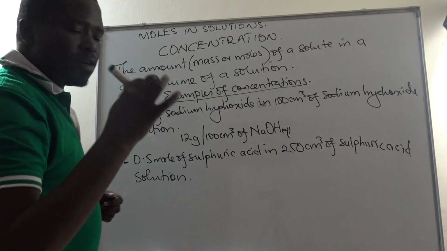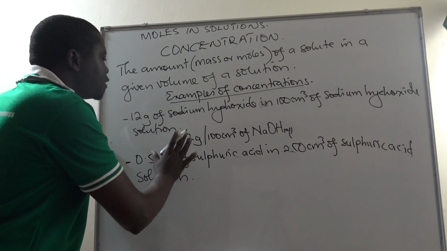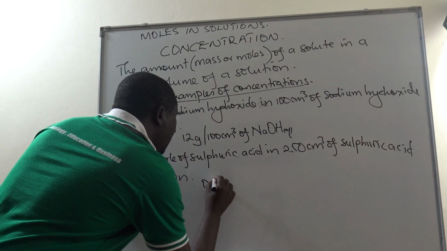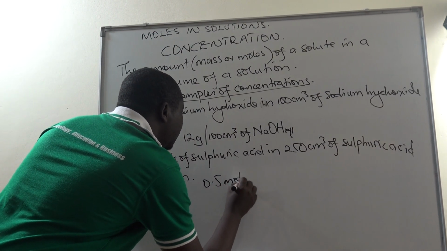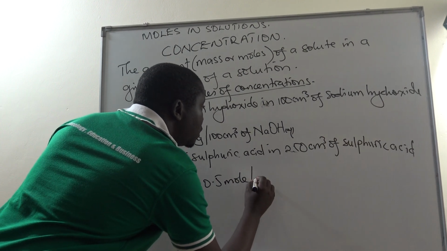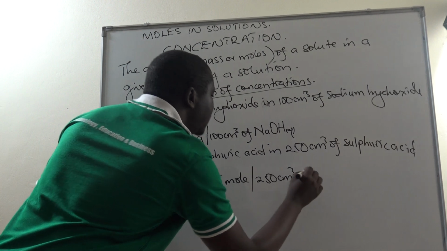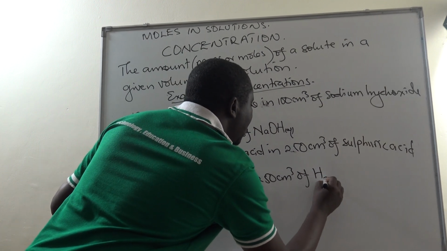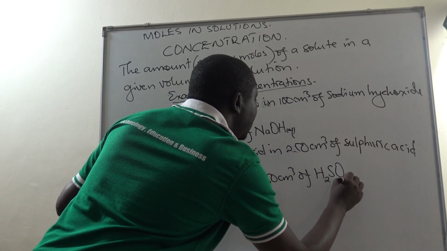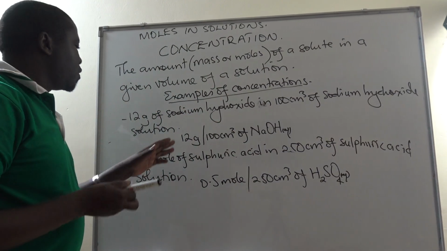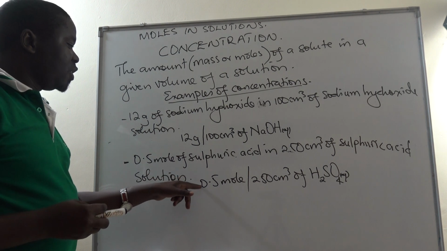This is also a concentration, and I can express it in short form as 0.5 mole per 250 cubic centimeters of sulfuric acid solution.